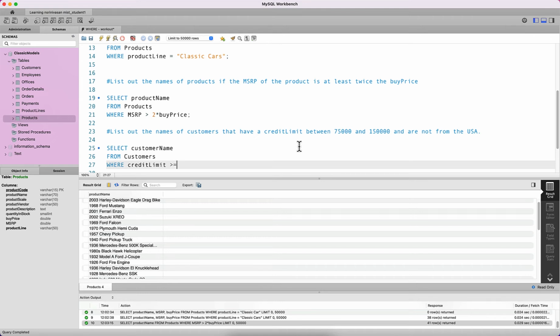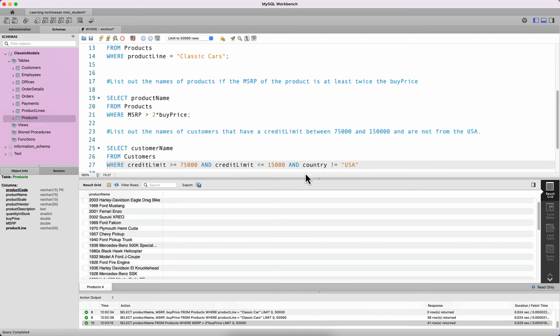So it needs to be greater than or equal to 75,000, and the credit limit should also be less than or equal to 150,000, and they're not from the USA, and the country is not equal to the USA.